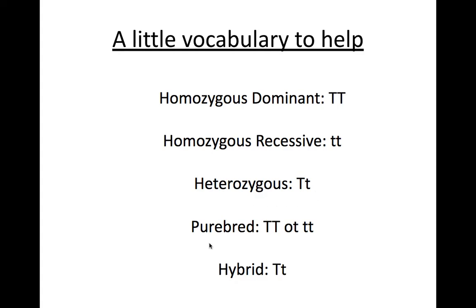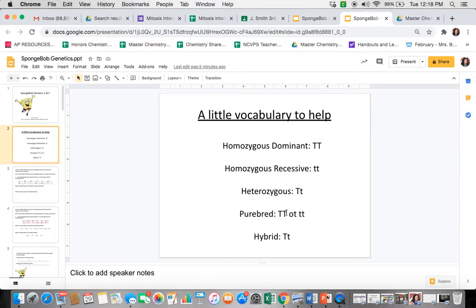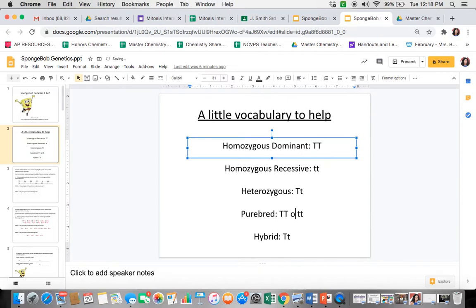If something is purebred, it simply means that it is homozygous, meaning it's either two capital T's or two lowercase t's. That should say or, O-R right there. Let me change that real quick so it's not in here for good. And I'm also going to change pure or homozygous. It doesn't specify here whether it's two capitals or two lowercases.